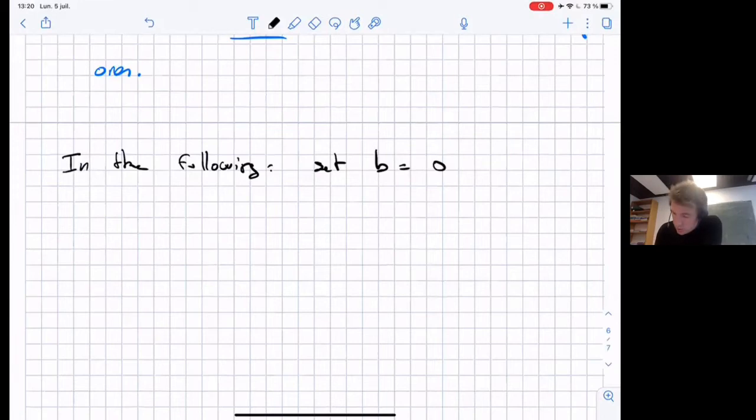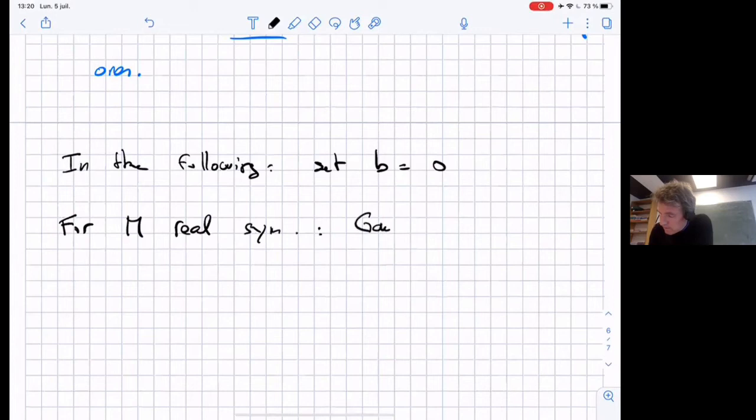Okay, so just some definitions. Here I mostly discussed the case where M was real and symmetric. And this ensemble is well known. Maybe you have already heard about it. It is called the Gaussian orthogonal ensemble.